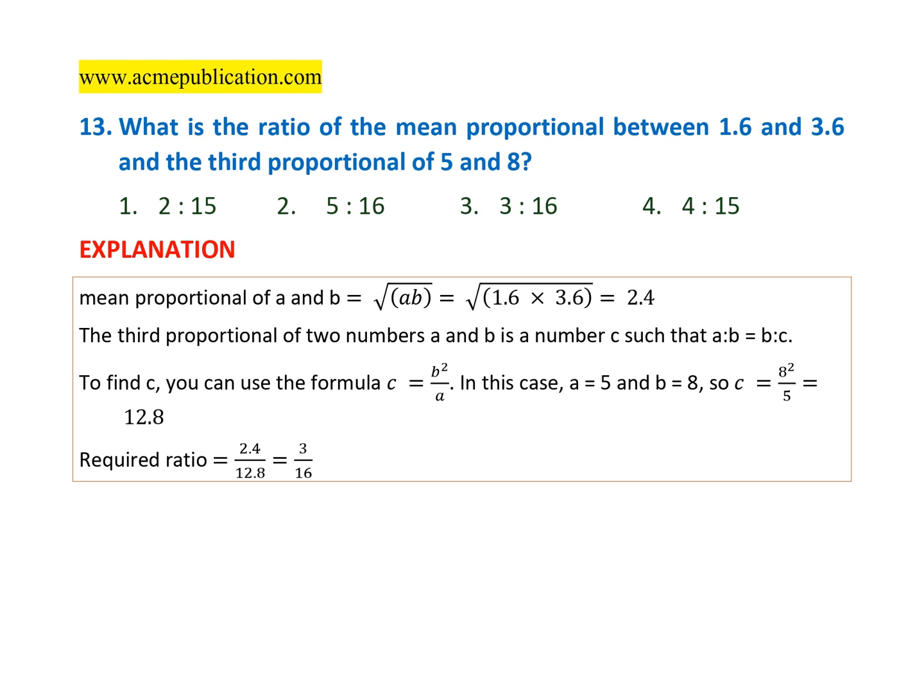The third proportional of two numbers A and B is number C, such that A ratio B is equal to B ratio C. To find C, we can use the formula C is equal to B square by A. In this case, A is equal to 5 and B is equal to 8. So C is equal to 8 square by 5, that is 12.8. So required ratio will be 2.4 upon 12.8, that is 3 upon 16.